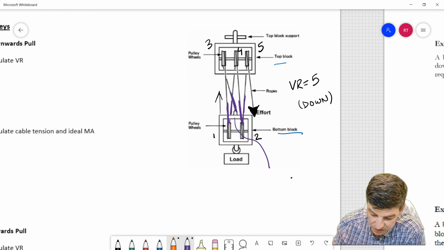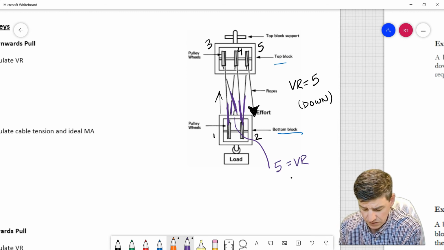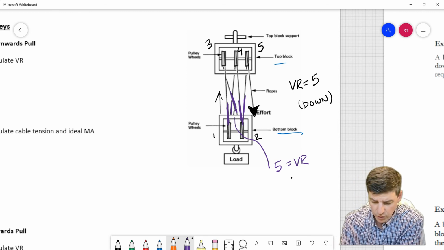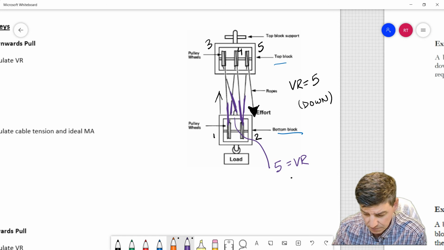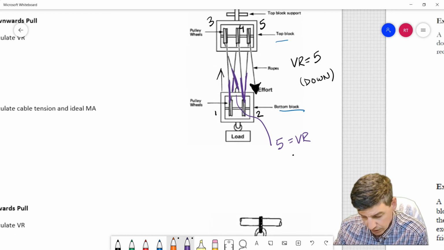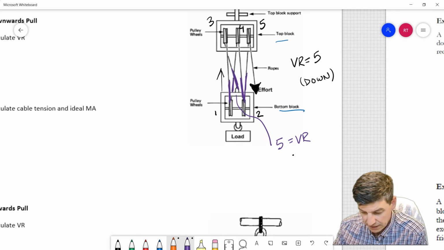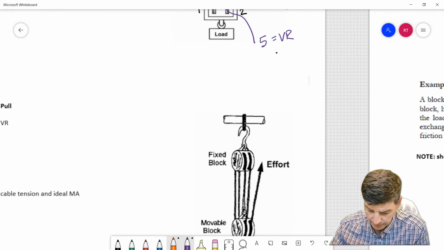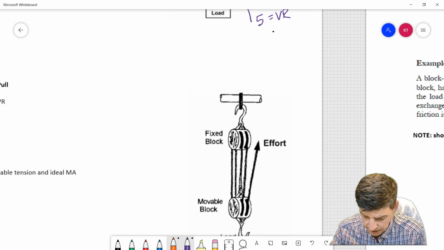And so the 5 of those would be equal to our VR. Okay, so sometimes it makes sense to draw out a little diagram. Sometimes it can be helpful for you. Or else if you remember the up and down, that's another easier approach than drawing. Okay, so let's take a look at this example.